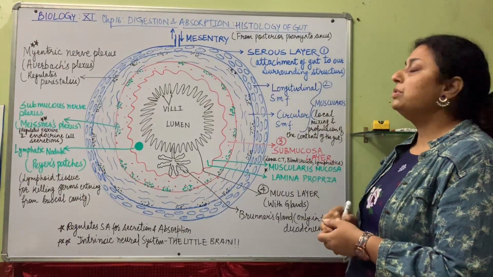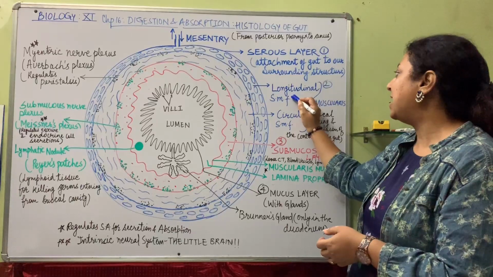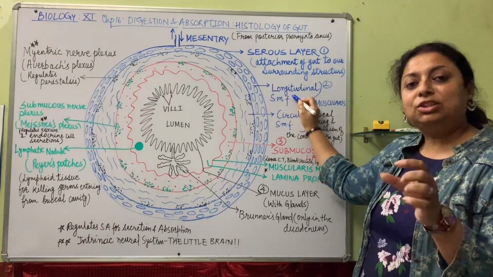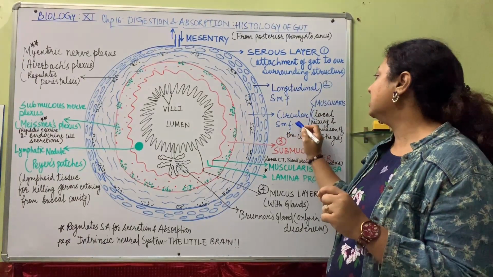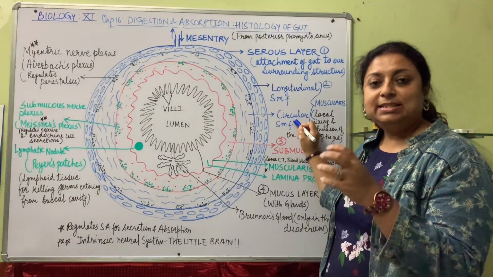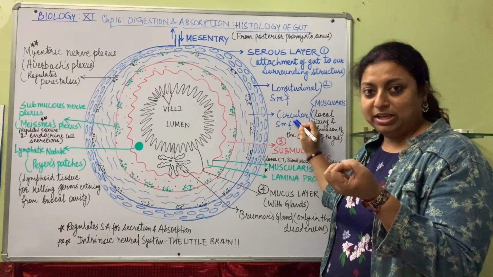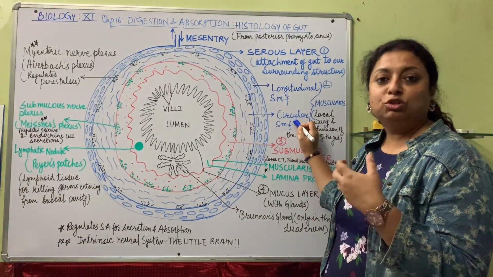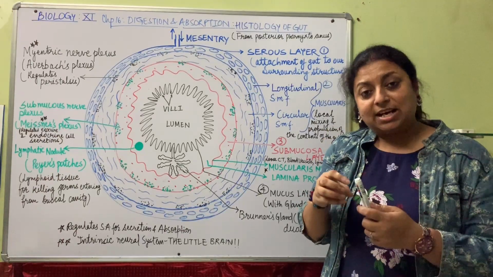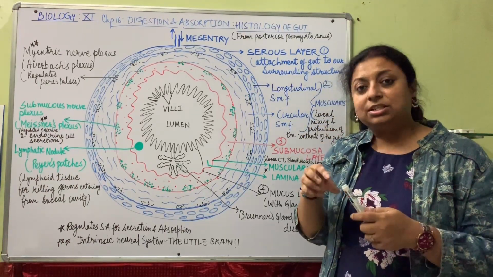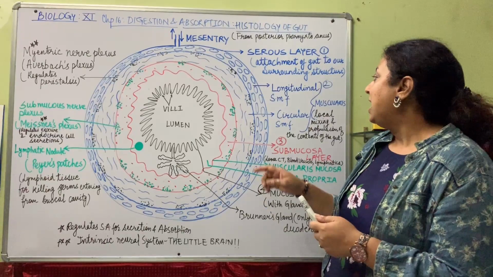The function of longitudinal smooth muscle fiber: when it contracts, it reduces the length of that particular point of the gut where it is contracting. The circular smooth muscle fiber is basically related to sphincter opening and closing, and when it contracts, it reduces the diameter of the gut at that location.